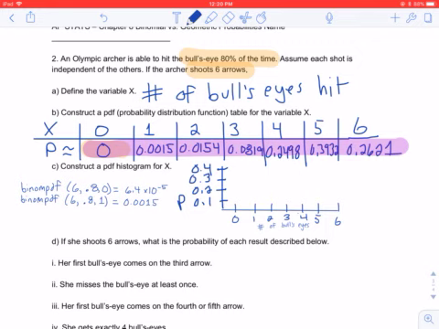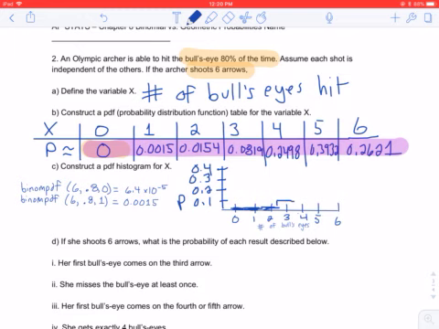Now, the probability of getting 0 is very low, so I'm going to make it very low, right around here. Probability of getting 1, that's still very low, maybe slightly higher. Probability of getting 2, it's a little higher, but still pretty low. Now, once I get to 3, things start to pick up a bit.